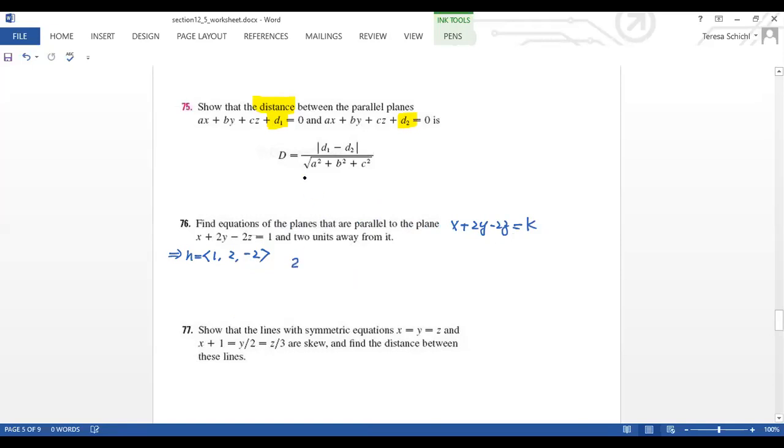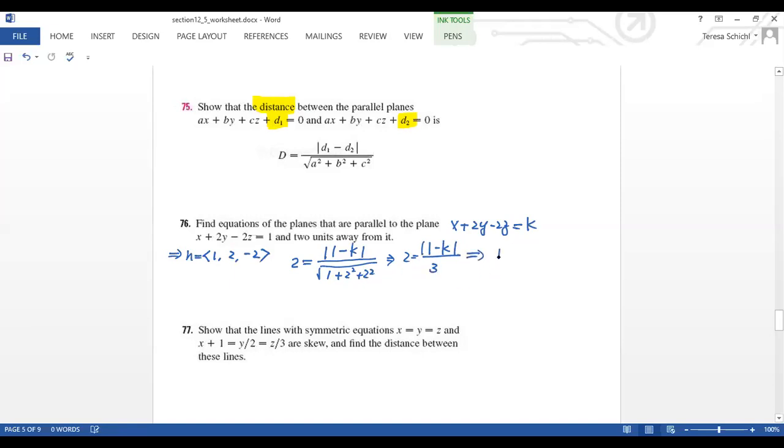By using the distance formula, this is 2, then this is the absolute value of 1 minus k, divided by the length of your normal vector, which is the square root of 1 plus 2 squared plus 2 squared. So 2 is equal to |1 minus k| over that, and 1 plus 4 plus 4 is 9, so it's 3.